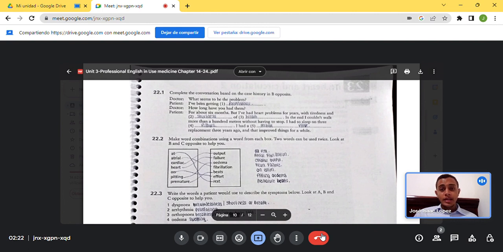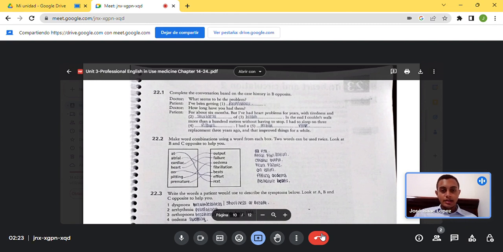Al final no podía caminar más de 100 metros sin tener que parar. Tuve que dormir sobre 3 almohadas. Tuve un reemplazo de válvula mitral hace 3 años, y eso mejoró las cosas por un tiempo.